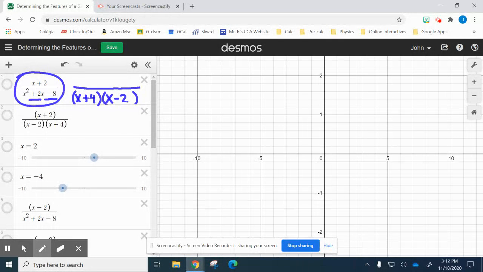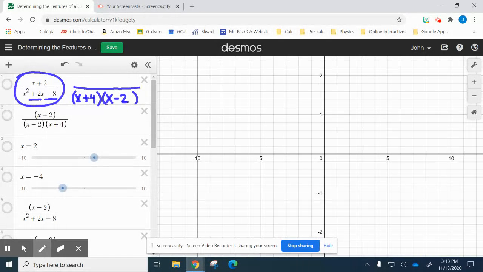So the first thing we're looking for when we look for the features of a rational graph is where the denominator equals 0. So you've got two little expressions here, x plus 4 and x minus 2. And if either one of those equals 0, that means the whole denominator is going to equal 0, right?